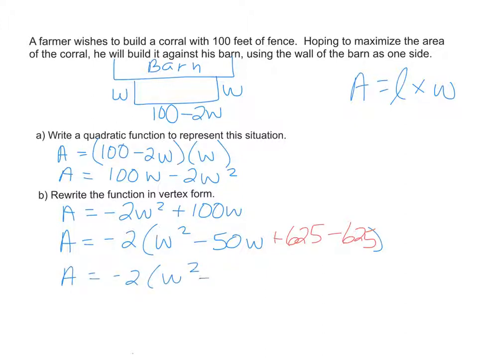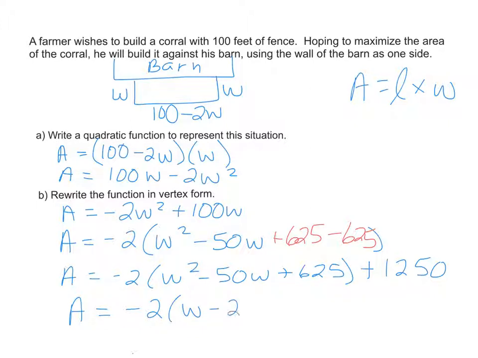This is going to be W squared minus 50W plus 625, and we'll take the negative 625 out, but it has to multiply by the negative 2 that's in the front, so that becomes plus 1,250, right? Negative 625 times negative 2. Finish it off by factoring. Negative 2 times (W minus 25) squared plus 1,250.